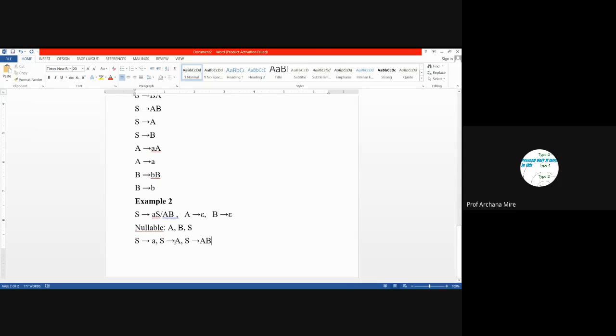And now rather than removing A, I am removing B. So the new production rule which will be inserted is S leading to B. For this production rule, S leading to AB, is there any other scope possible? There is no other production rule possible for insertion, because we have already removed one by one each symbol and added its corresponding production rule.